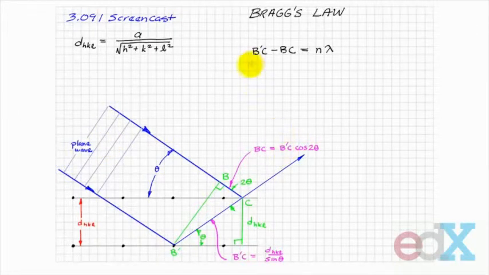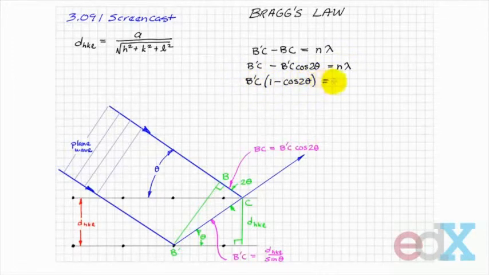Well, BC, as I've said here, is just B prime C cosine 2 theta. And I factor out the B prime C, I get B prime C times (1 minus cos 2 theta) equals n lambda.